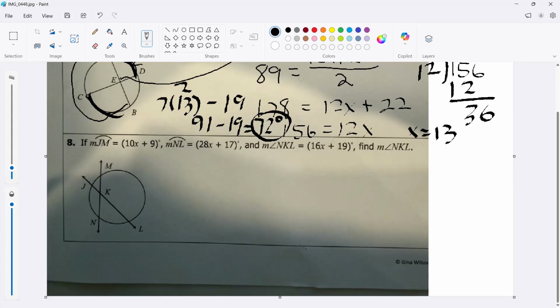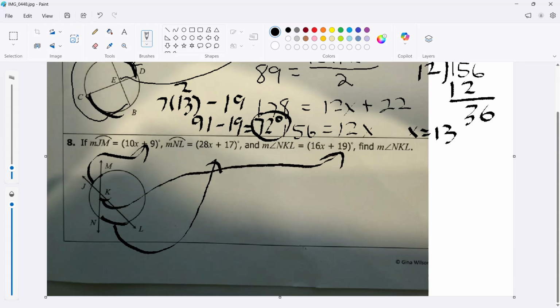All right, one more, probably the same kind of stuff. Measure arc JM is 10x plus 9, and measure arc NL is 28x plus 17, and measure angle NKL is 16x plus 19. Well, I know that the angle 16x plus 19 equals the two arcs added together divided by 2.